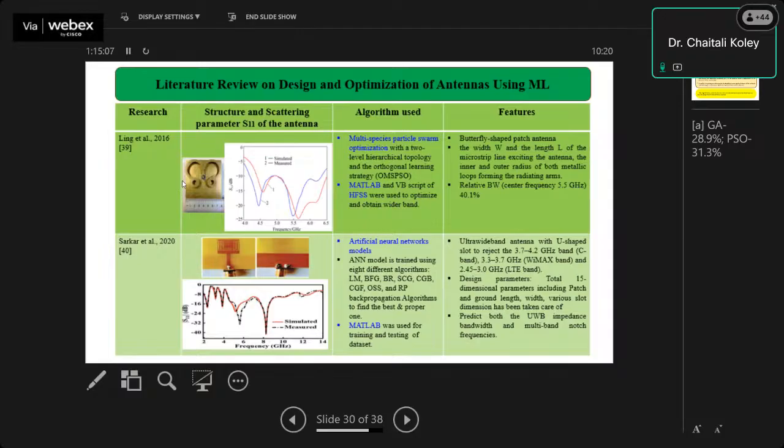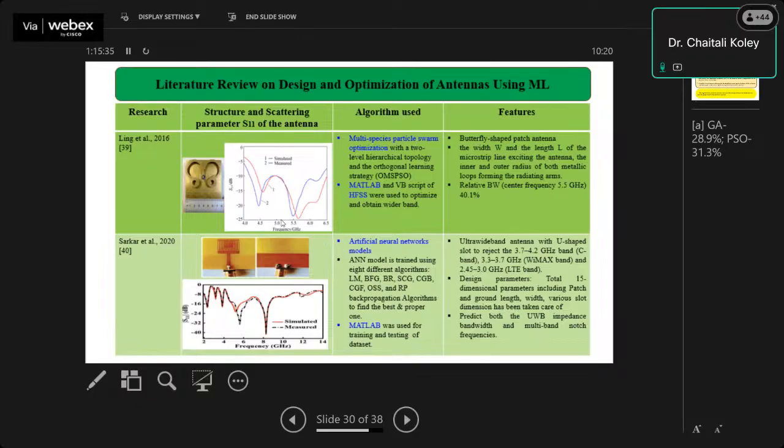Another one is a patch antenna, which is basically a butterfly shaped patch antenna. They have also used multi-species particle swarm optimization. With the combination of MATLAB and HFSS software, they have done the optimization. Here also they have given fabricated result and simulated result.